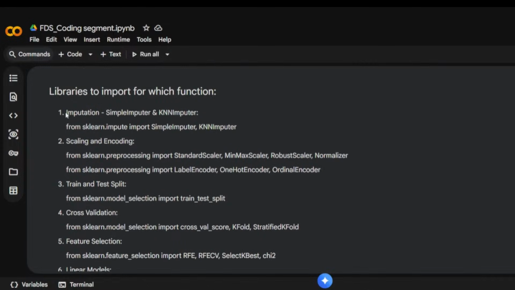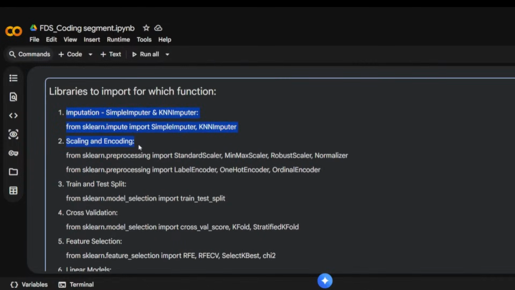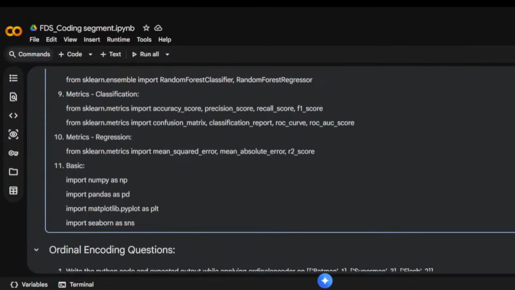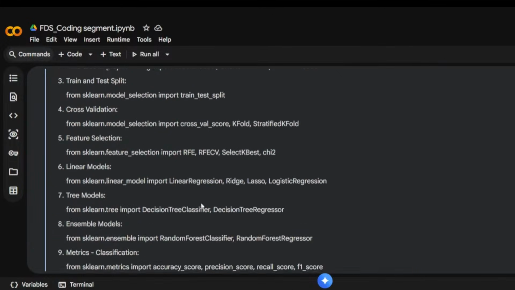Mostly you will need your imputation, scaling, and encoding libraries, and your basic libraries: import numpy as np, pandas as pd, matplotlib.pyplot as plt, import seaborn as sns.